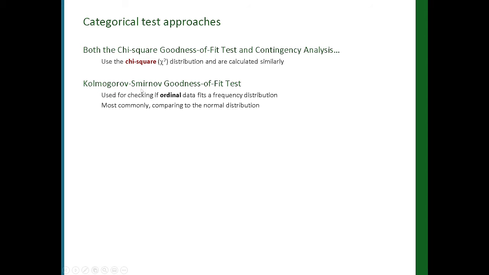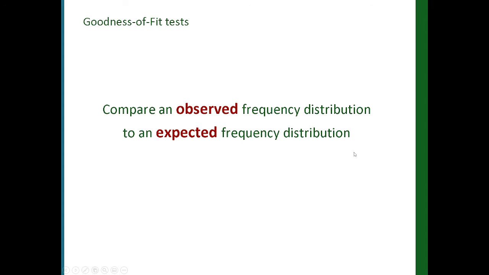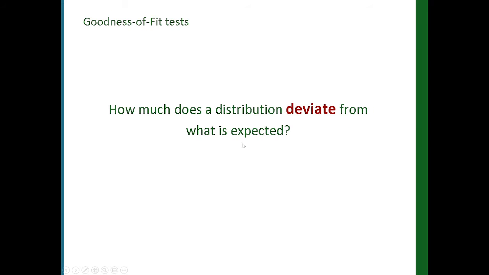But in the Kolmogorov-Smirnov test, we're focusing on whether ordinal data actually fits an expected frequency distribution. Okay, so we're comparing an observed frequency distribution to an expected one. We're asking, well, how much does the distribution deviate from what is expected? So can we, with 95% certainty, conclude that the results haven't just occurred by chance, that this deviation is greater than we would just expect if we just randomly sampled from a population?